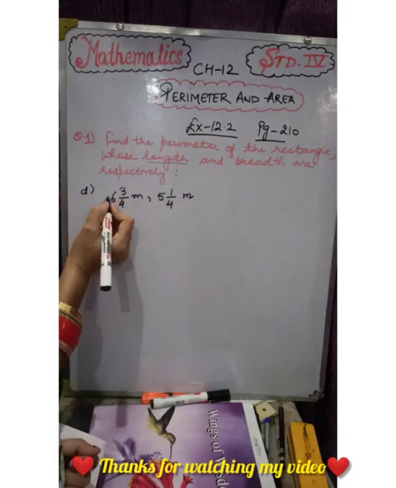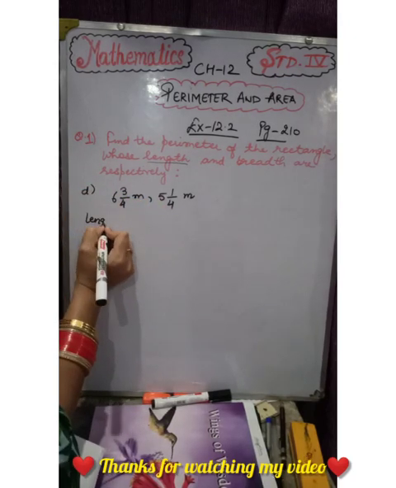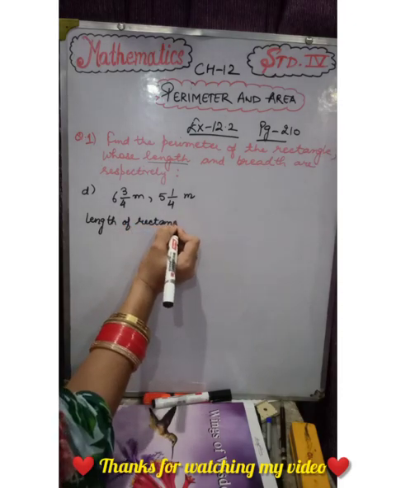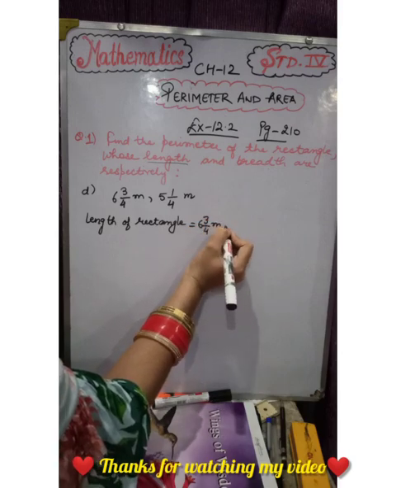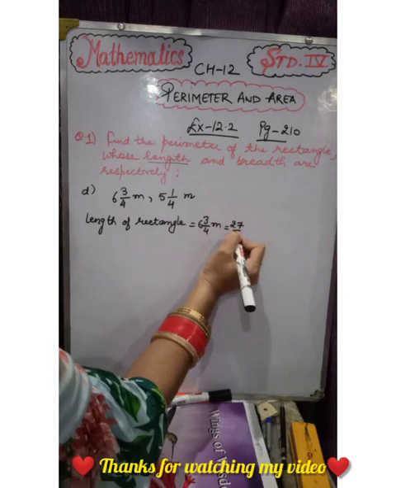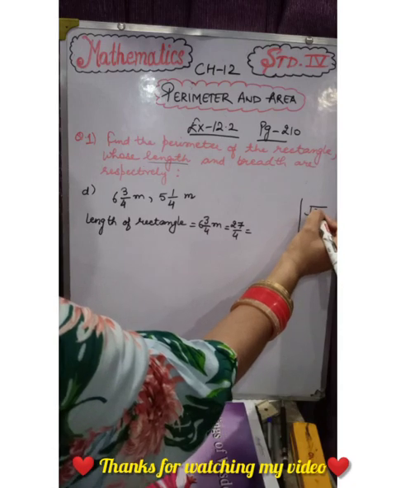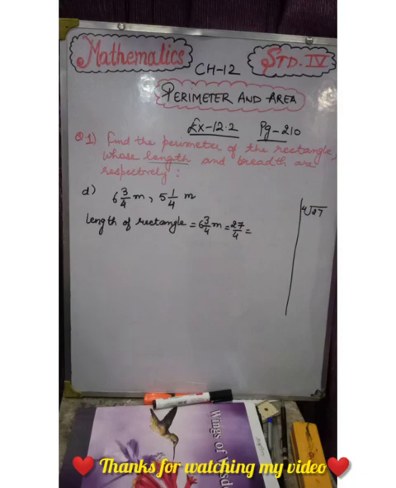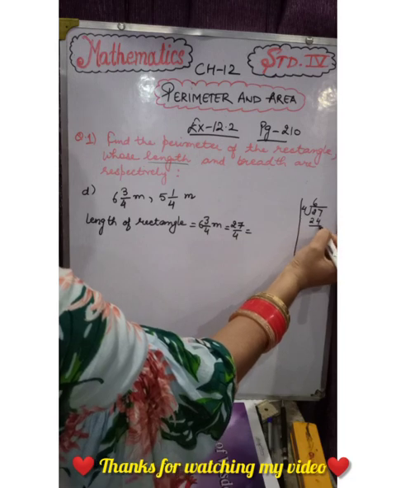We can convert here also. We can convert afterwards also. So, we will do afterwards. Length of rectangle is 6 into 3 by 4 meter. That is 4 6 are 24 plus 3, 27 by 4. So, let's divide it. 4 6 are 24.